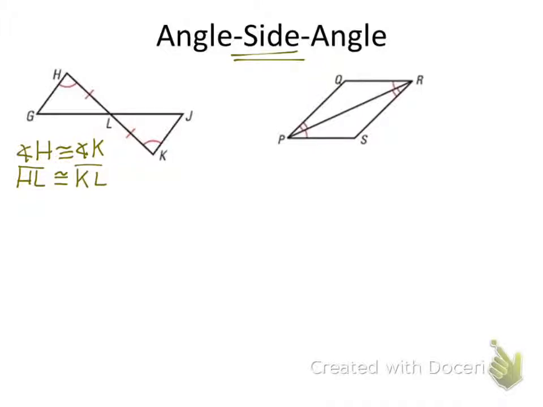I need that other piece of information. Now it's angle, side, angle, so we can have a good idea here. It's going to be this angle here. Now again, we're not going to call it angle L and angle L. We're going to call it angle HLG is congruent to angle KLJ.